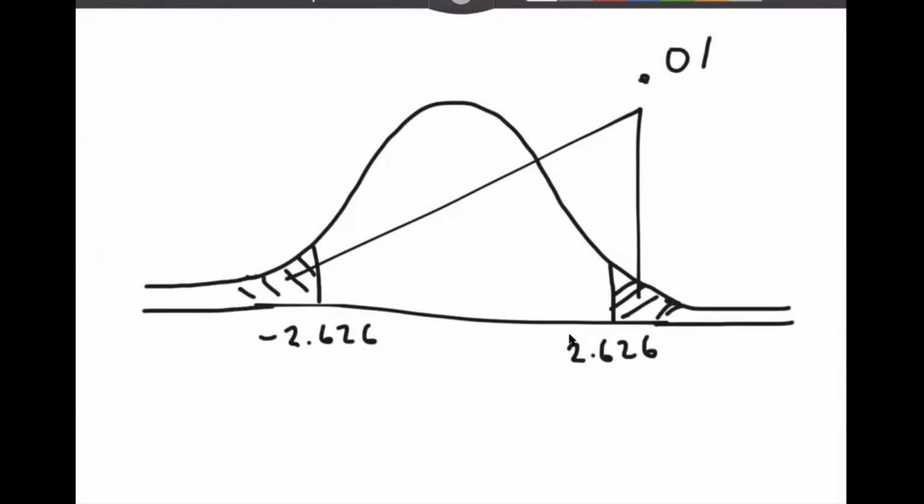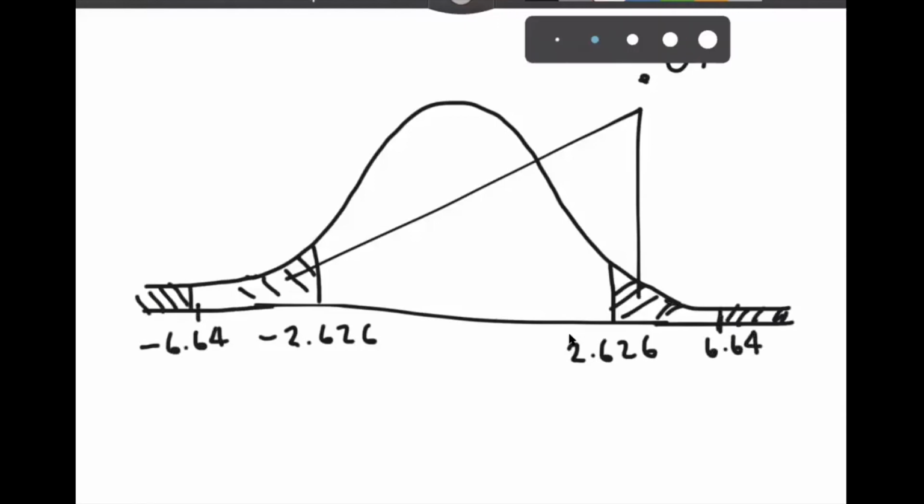So if we plot negative 6.64 over here and 6.64 up here, our p-value is going to be this area right here along with this, those two areas combined.